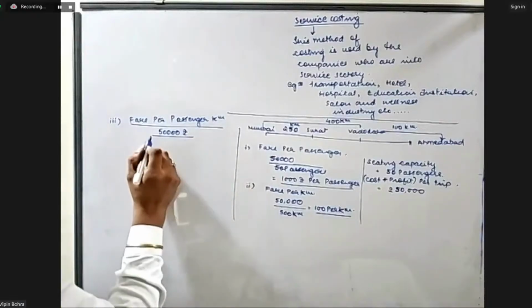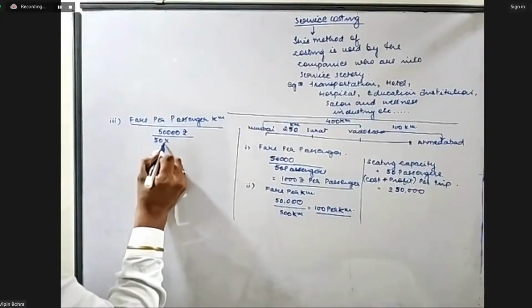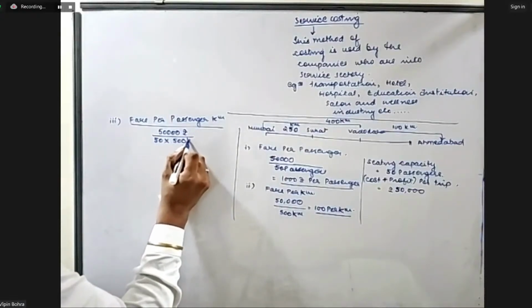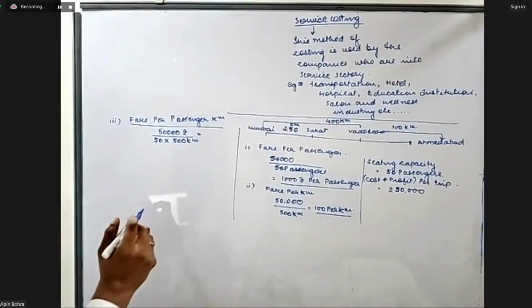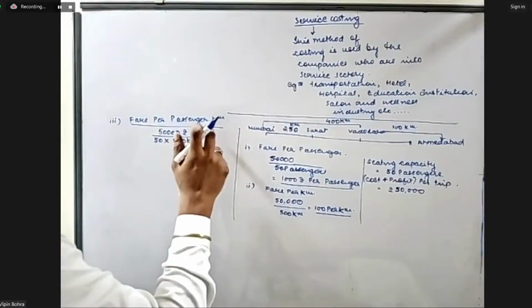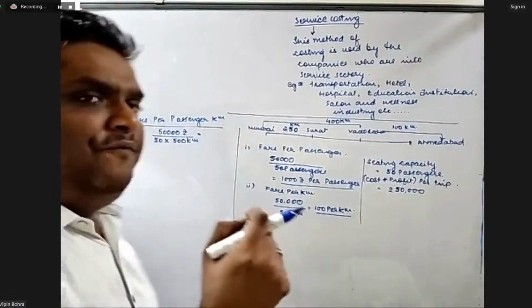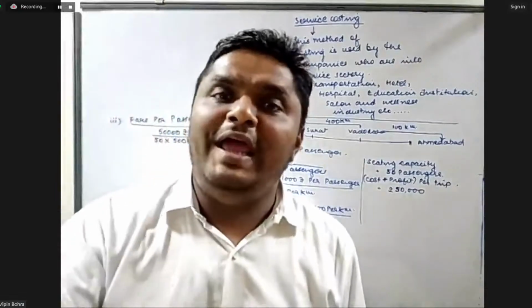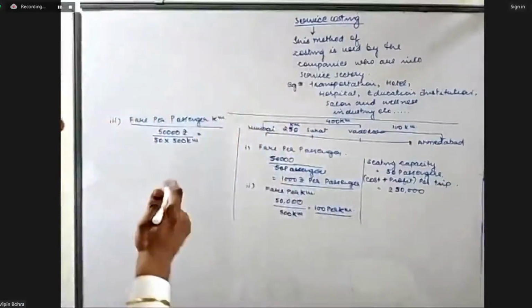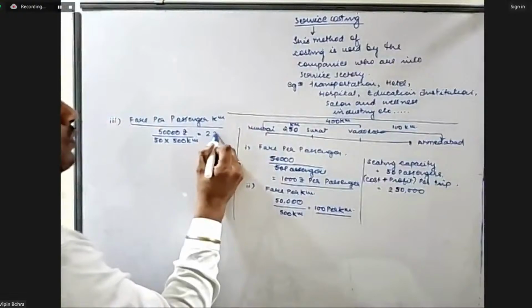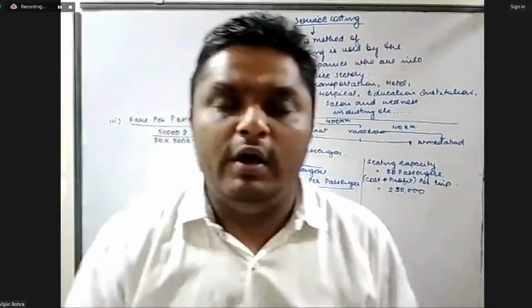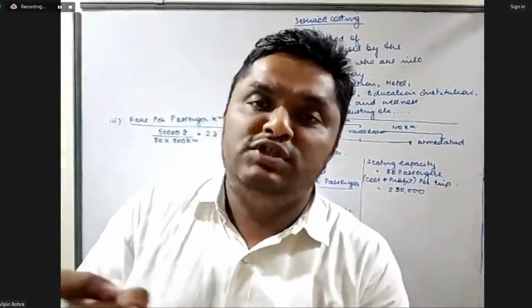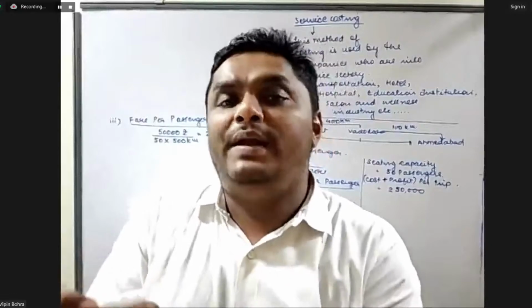Since there are two elements, that is 50 passengers and kilometers also, that is 500 kilometers, we'll be considering both. So we'll be getting the fare per passenger kilometer, that is the fare per passenger for every kilometer traveled. So this will be rupees 2. So rupees 2 is what? The fare to be charged per passenger per kilometer.